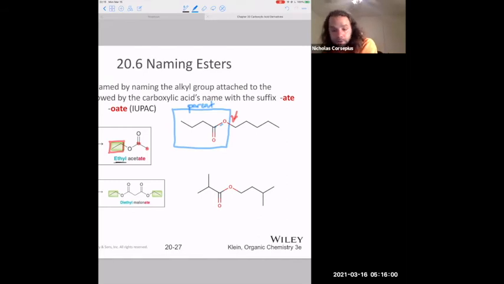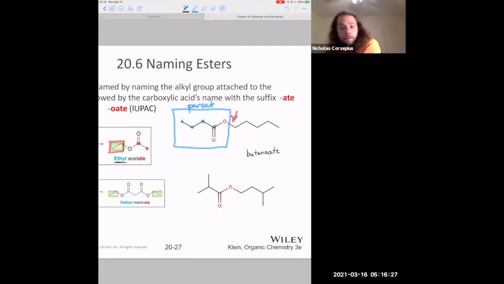It's got the carbonyl carbon, it's got the oxygen. This parent chain has 1, 2, 3, 4 carbons. That means that if it was a carboxylic acid, it would be butanoic acid. Instead, we're going to drop the oic acid and put oate. So this is butanoate.